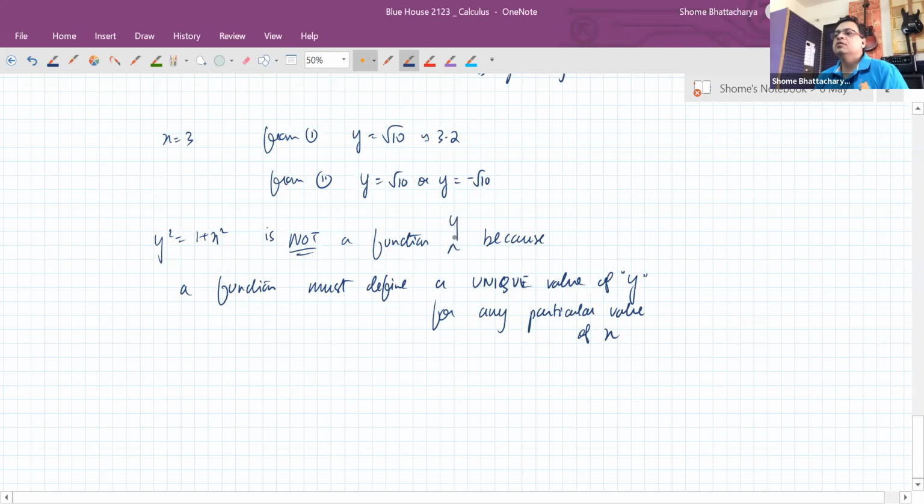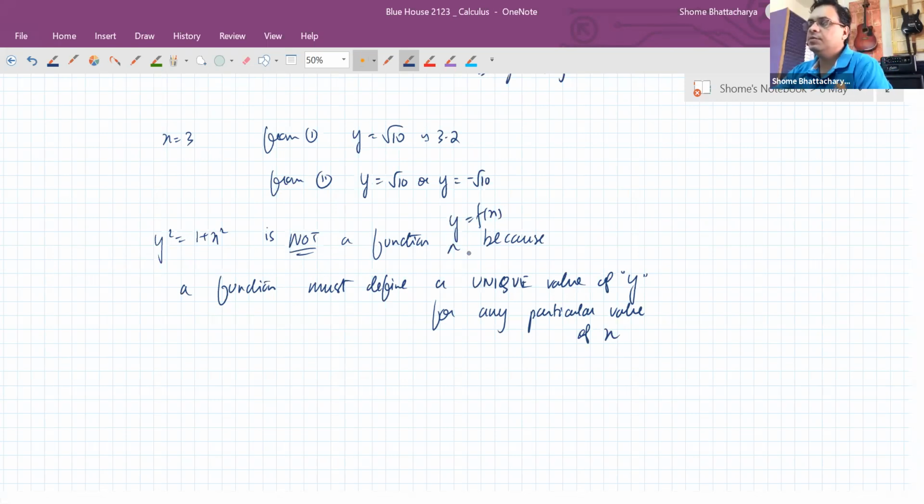So when we take a function y is equal to f(x), it must be able to define a unique value of y for every independent value of x. This is a very important statement because we are using functions to define physical parameters. For example, displacement is a function of time. So at a particular instant of time, it is not logical that you can have two different displacements. It's only logical that displacement has one unique value at a particular instant of time.